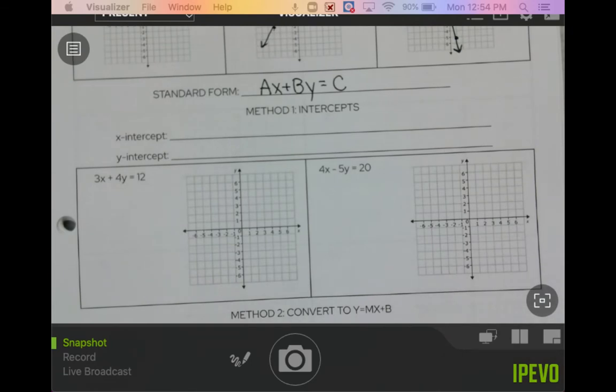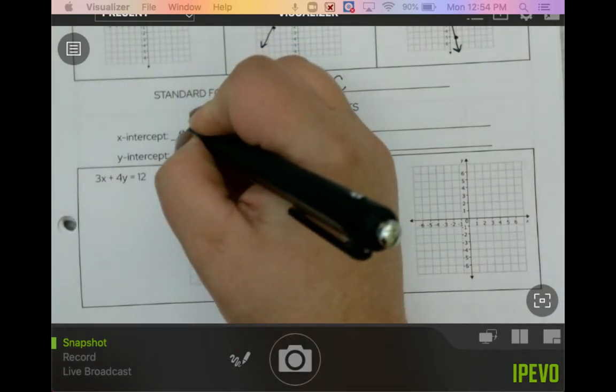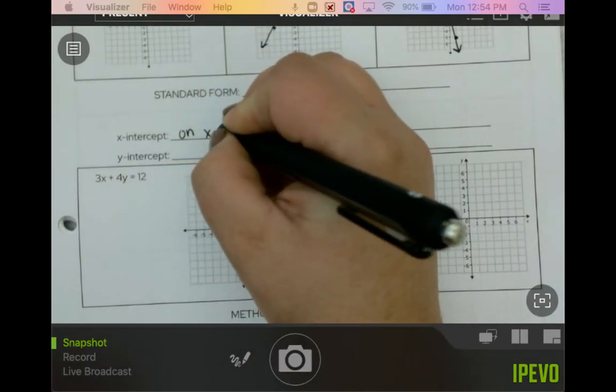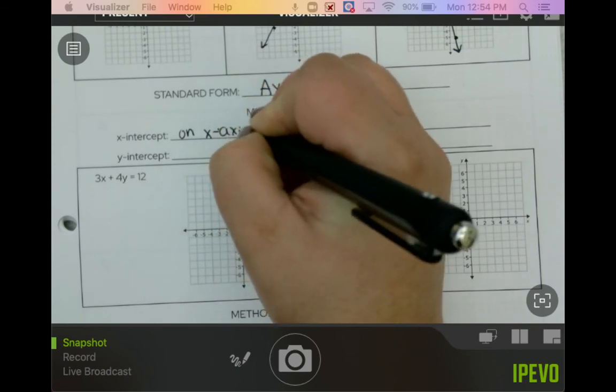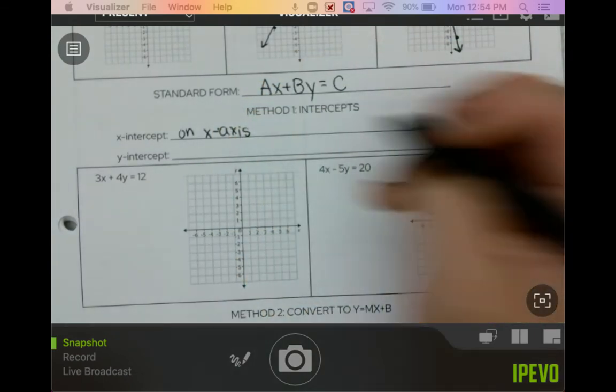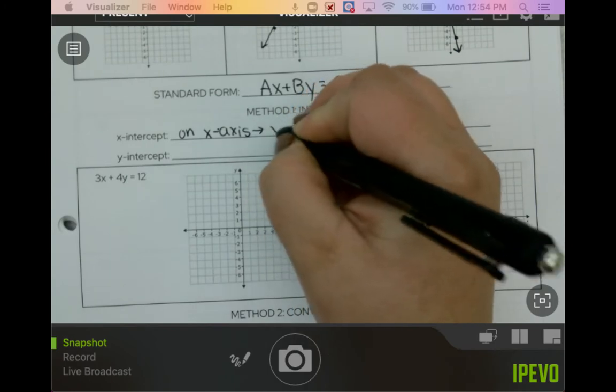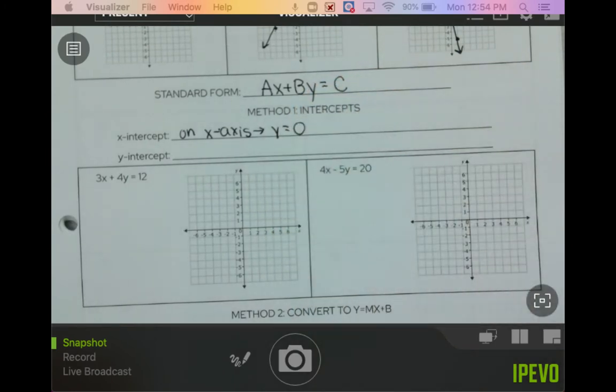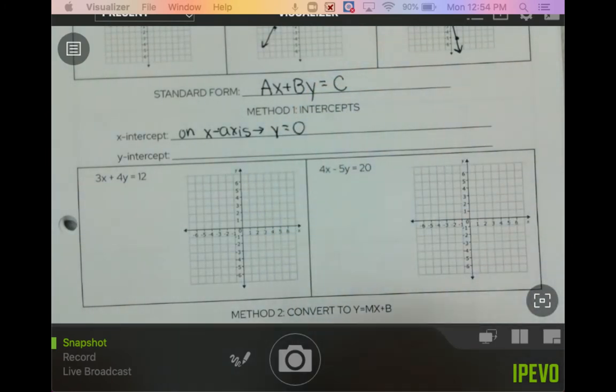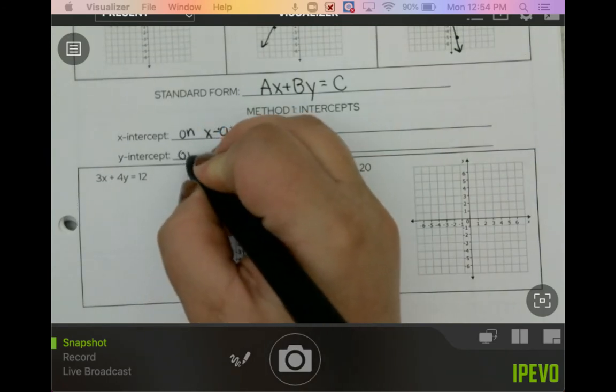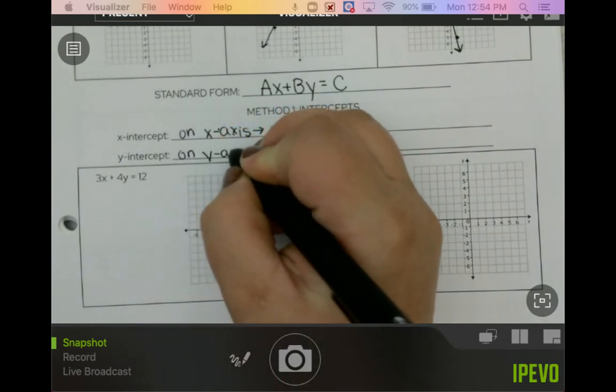So an x-intercept, it means that you are on the x-axis. And if you're on the x-axis, then y equals 0. The y-intercept is on the y-axis.